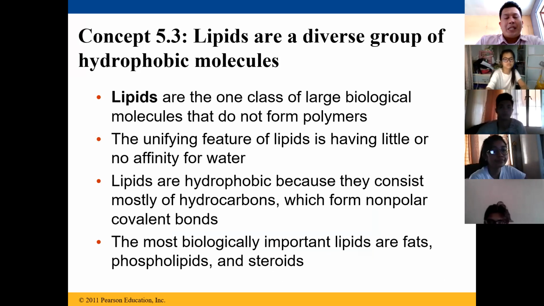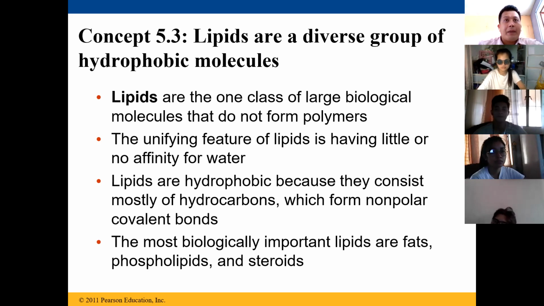Combining these through a dehydration reaction results in maltose, sucrose, and lactose. And if we combine these through another dehydration reaction, it will result in polymers like chitin, starch, and glycogen. So to follow, we have here lipids.